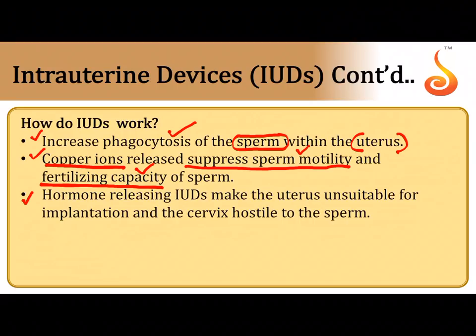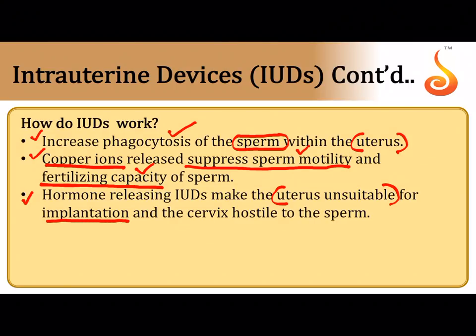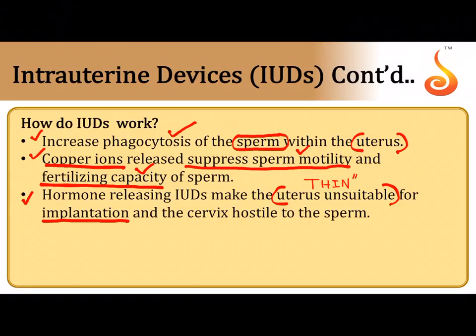How do hormone releasing IUDs work? They make the endometrium, or the uterus, unsuitable for what? Implantation. They make the uterine lining very, very thin. If the uterine lining is very thin, then obviously even if there is zygote formation and embryo formation, implantation cannot happen. So it makes the uterus unsuitable for implantation.